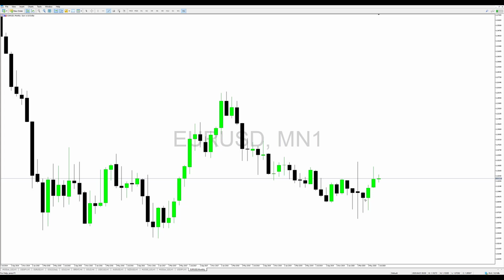So now this one is now our bullish order block. So I'm gonna mark out the closing price of that candle, which is coming in at 1.095, right?